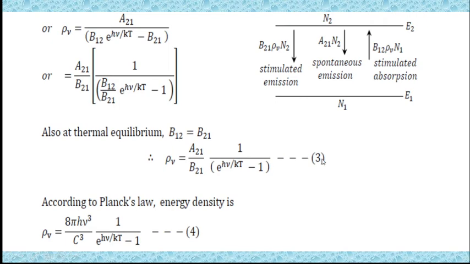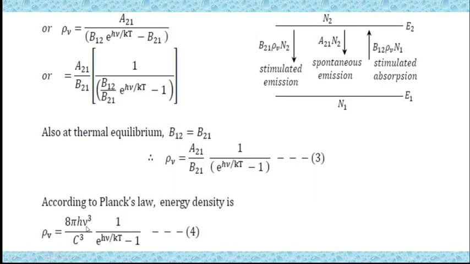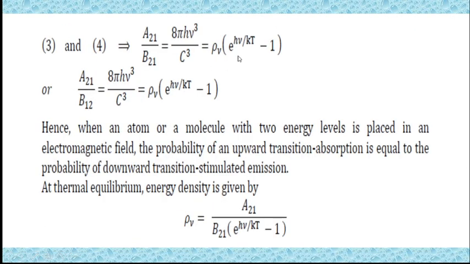If we compare expressions 3 and 4, the LHS being same and also on the RHS, these terms are same. Therefore, A21 by B21 will be equal to 8 pi h nu cube by c cube.